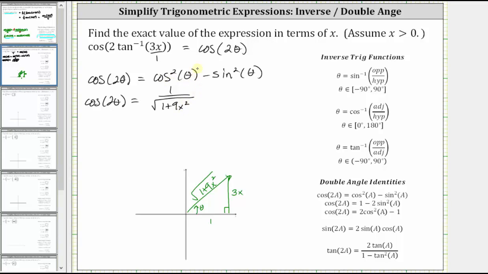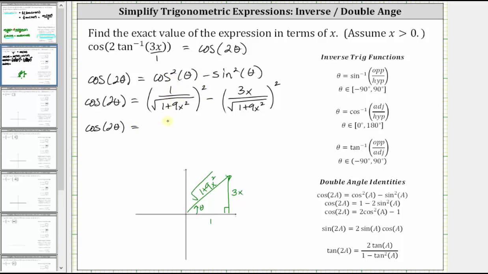But we have cosine squared theta, so we square this fraction, minus sine theta is equal to the ratio of the opposite side to the hypotenuse, which gives us 3x divided by the square root of the quantity 1 plus 9x squared. And again, this is also squared. And now to square the fractions, we square the numerator and we square the denominator.